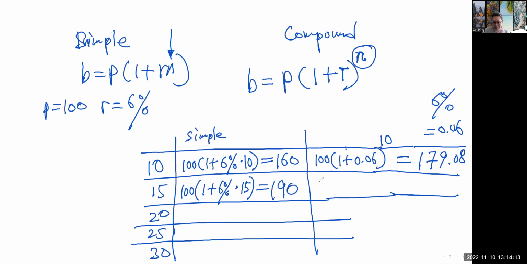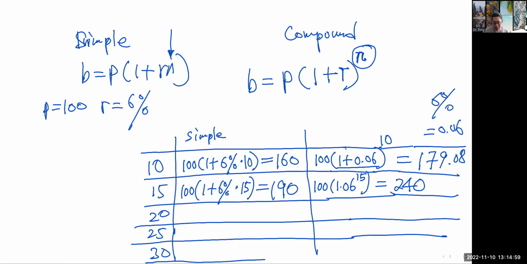On the compound side it's 100 times 1.06, since the inside is the same as last time, to the 15th power. 1.06 to the 15th power is 2.4, so 2.4 times 100 is 240. Now you can see there is a $50 difference.